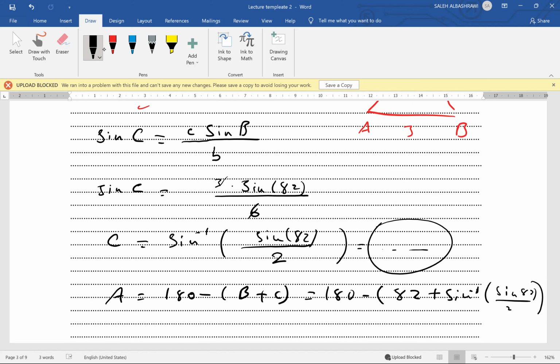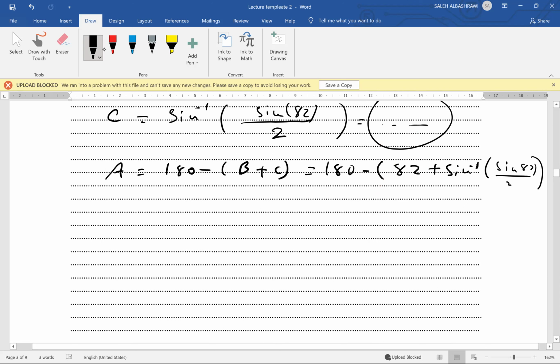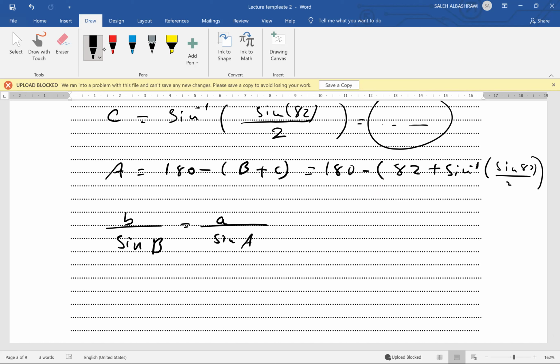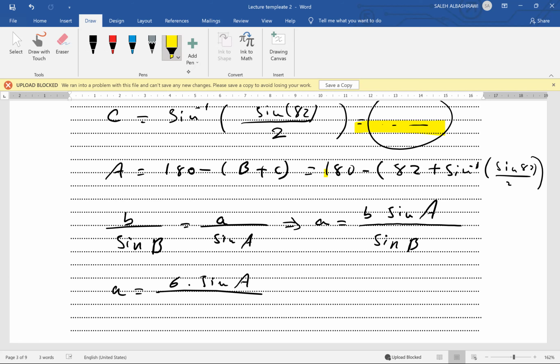Now what's missing is the side a. So it is b over sine B equal to a over sine capital A. And I can use the equation a is equal to b sine A divided by sine B. So a is equal to 6 multiplied by sine A, to be found from this equation, divided by sine of B, 82.